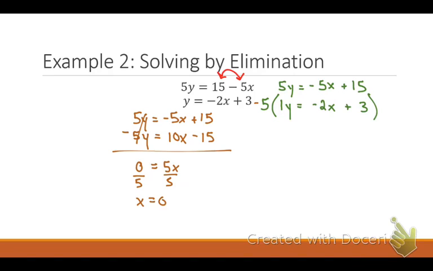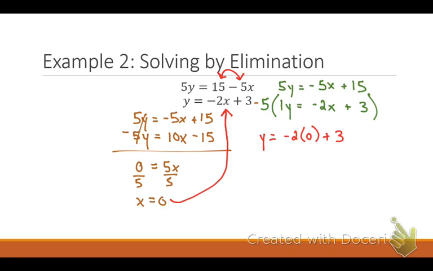X equals 0. So now, when you plug it back in, let's just use this first equation, because it already has y solved for. Plug it back in and solve for y. So y equals negative 2 times 0 plus 3.